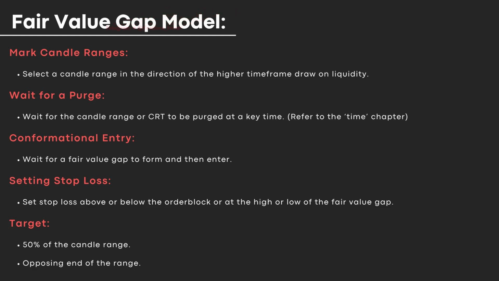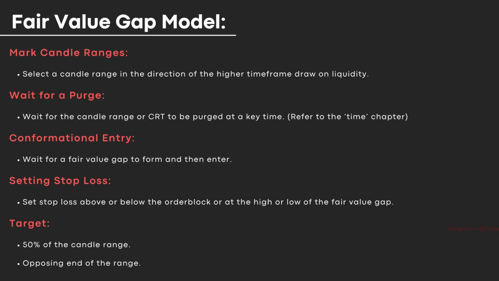You're going to be waiting for an FVG to form instead of an order block, which basically adds another extra layer of confirmation and clarity to your entry and makes it even more high probability. Now with this protocol you might miss some trades, but it will ensure that the trades that you actually do take will be of utmost high probability, and the odds of those trades playing out correctly would be even more.